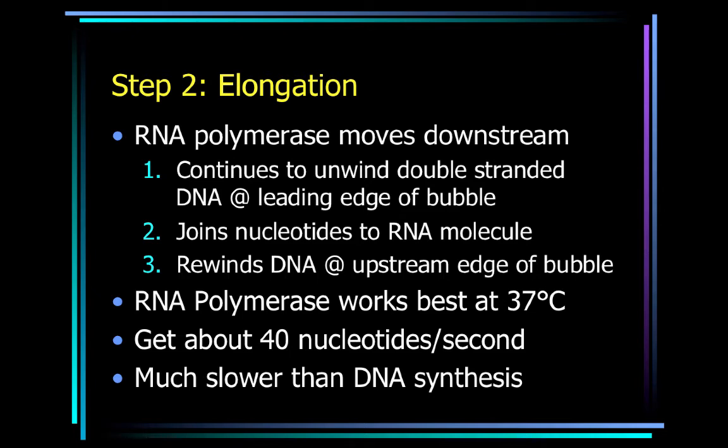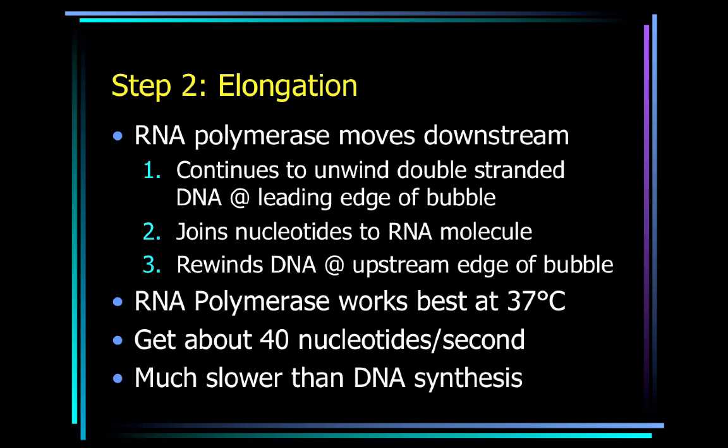So RNA polymerase does have some conditions that it works best in. The temperature really needs to be about 37 degrees Celsius for it to work. Any higher than that or any lower than that, the efficiency of RNA polymerase goes way down. So this is going to be a pretty quick process, much quicker than DNA replication.